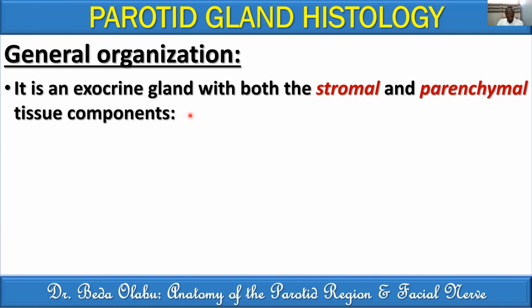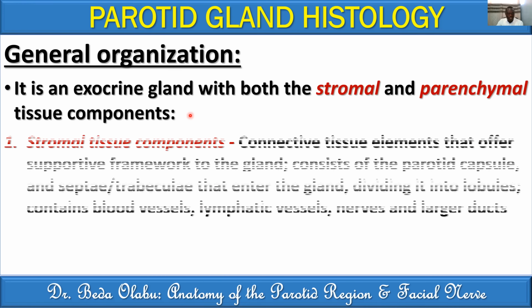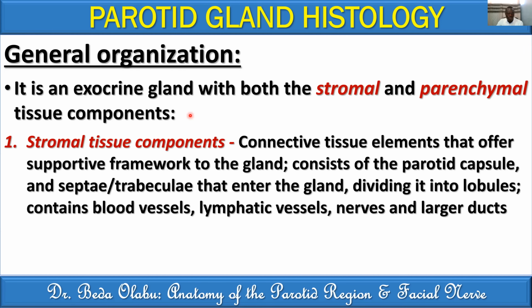When you talk of the stromal tissue, we are largely referring to the connective tissue elements that offer a supportive framework to the gland. So this particular framework consists of the parotid capsule, which means the connective tissue that was surrounding the gland.